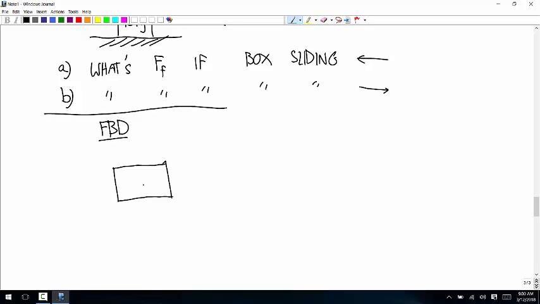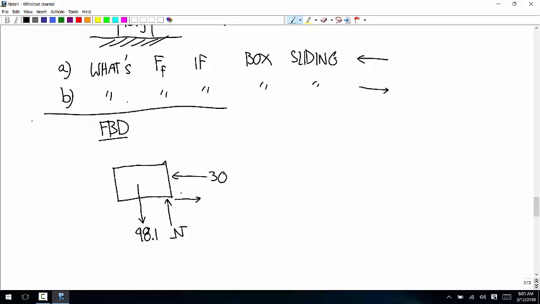So there's a downward force of 98.1. There is a force this way of 30 newtons. And then the contact force: there's a normal force that way. And which way does the friction force point? To the right, opposite the velocity.